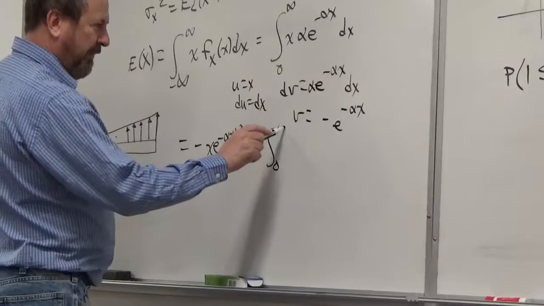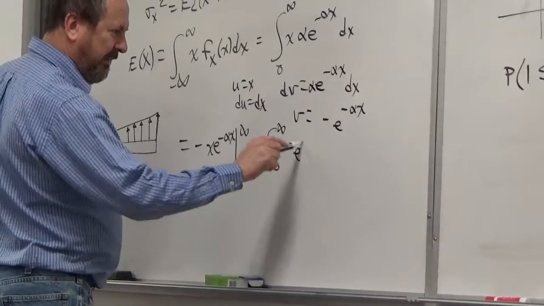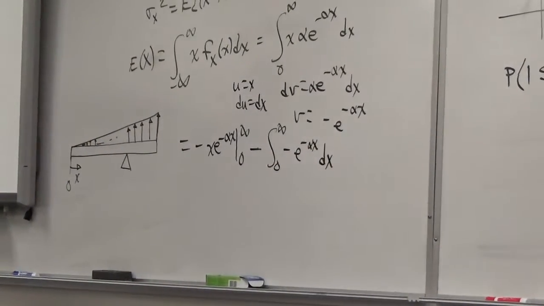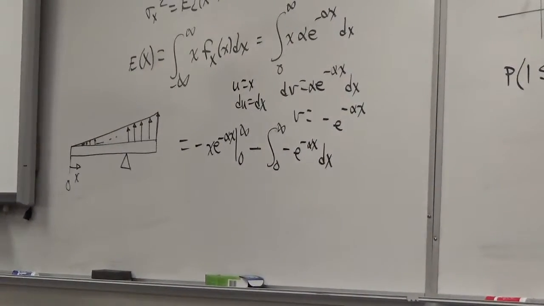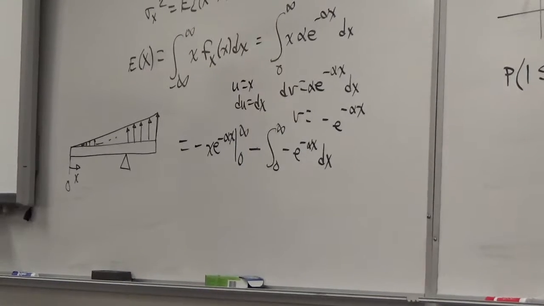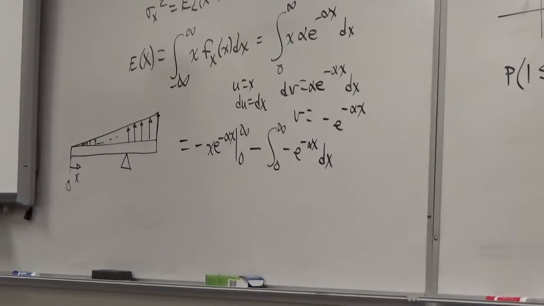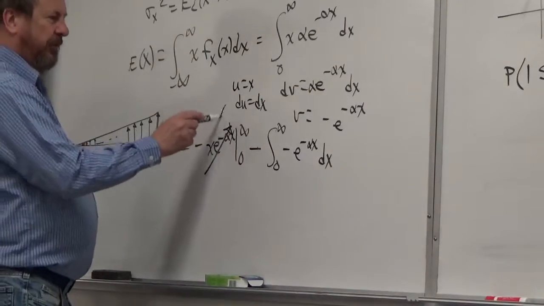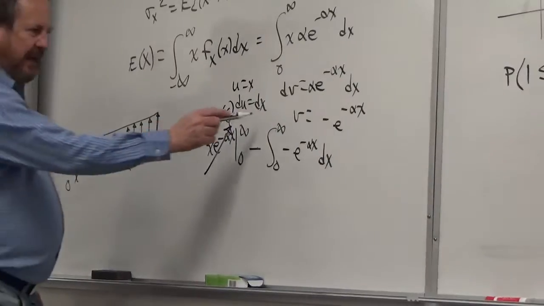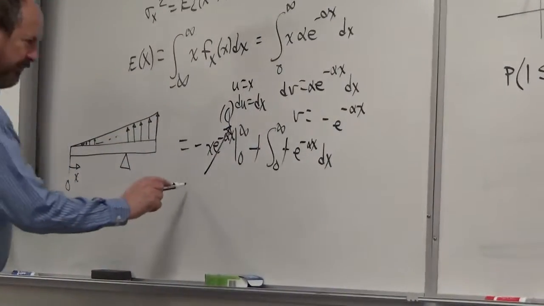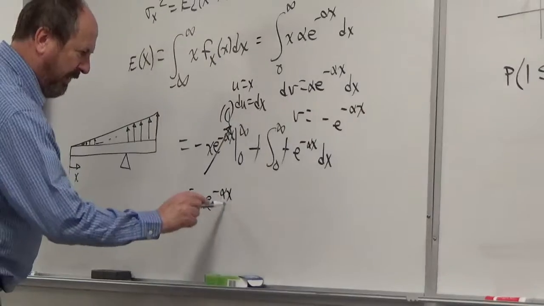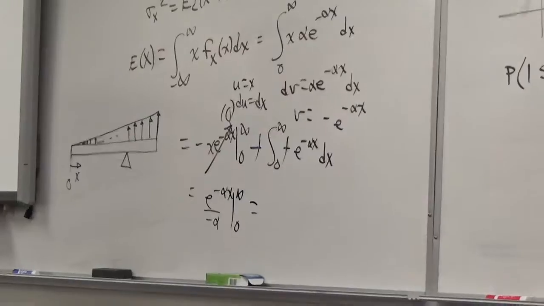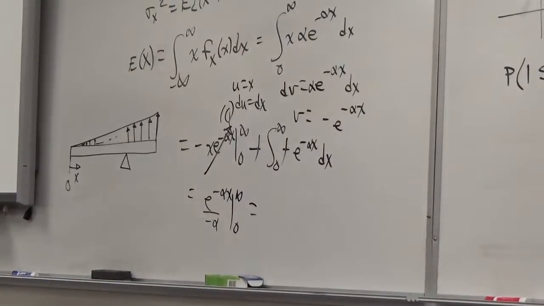Minus integral 0 to infinity of negative e to the negative alpha x dx. First term, at infinity the exponential kills it, and at 0 that linear term kills it, so this term is 0. And cancel the negative signs, and we get e to the negative alpha x over negative alpha from 0 to infinity. And if you plug that in at infinity, it goes to 0, and you get 1 over alpha.